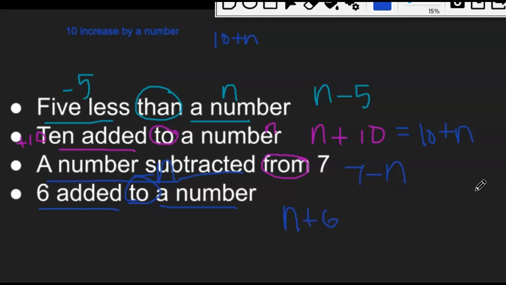Isn't it the property that you reverse it? The commutative property, that is correct. So that will not work for n minus 5, because if you write 5 minus n, then the answer will be wrong. So it is okay in addition or multiplication, but not in division and subtraction. Okay. All right. So moving along.